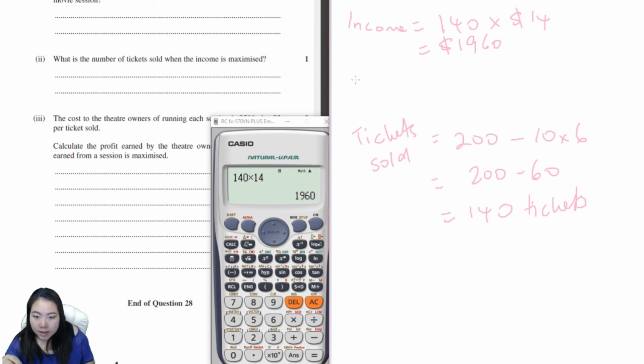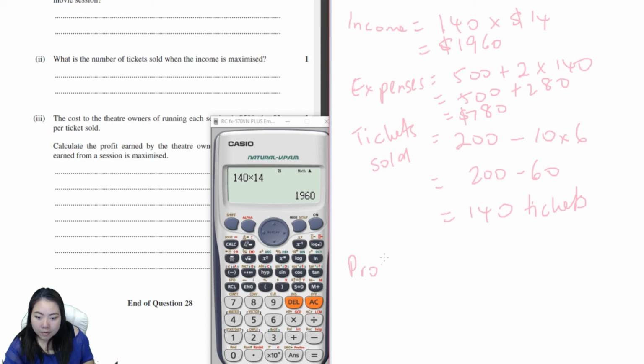Then we need to know the expenses, which is $500 plus $2 for each ticket, which is 500 plus 280, which is $780.